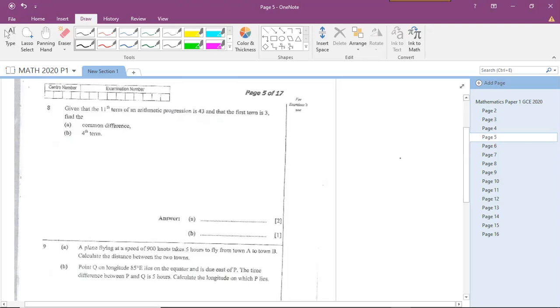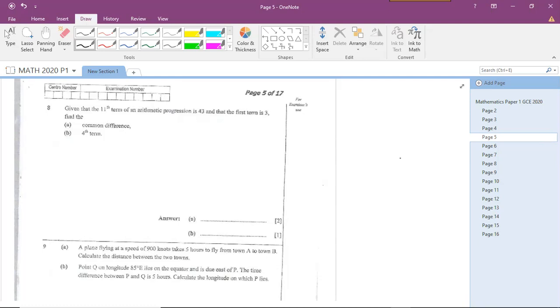But a sequence can either be an addition sequence, which we call an arithmetic progression, where the common difference is obtained by adding to the previous term.